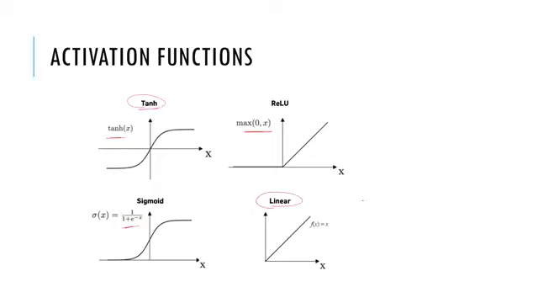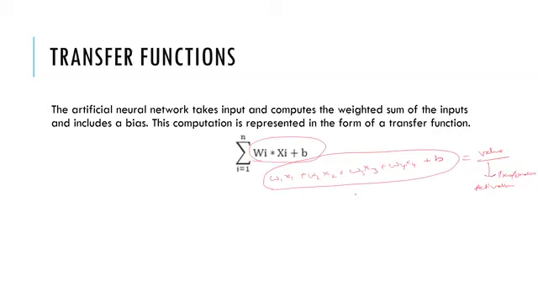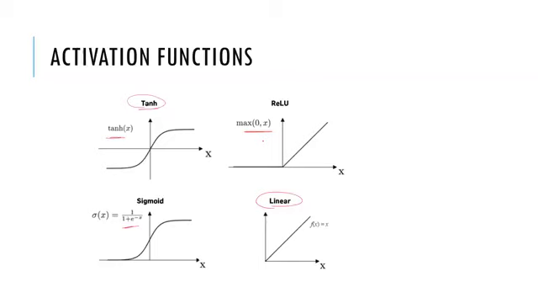So linear function as a transfer function itself is building this linear equation. So when you are using this linear function, it will pass it as is. Now this linear function, we can also use in the output layer, and it will work just like linear regression.